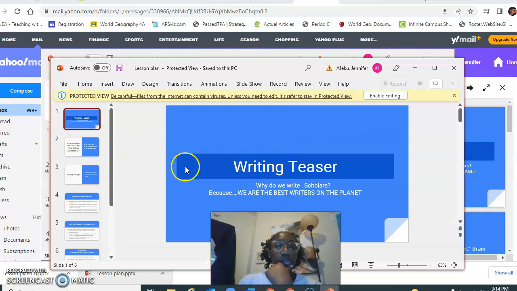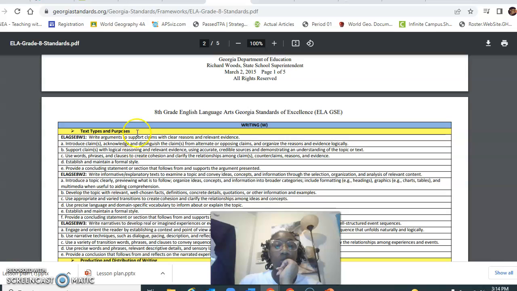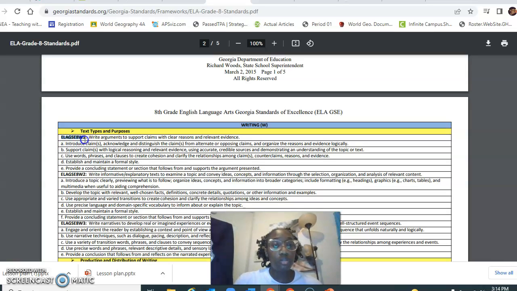So right here, your writing teaser, that standard, the Georgia standard that I showed you, which is this right here, you will put this in your PowerPoint. Most teachers, we all put this in our PowerPoint because you're re-exposing your students to what the lesson is about.